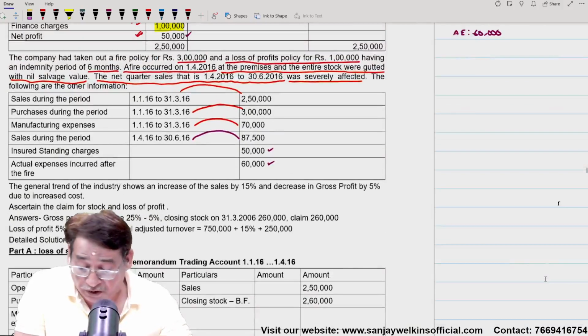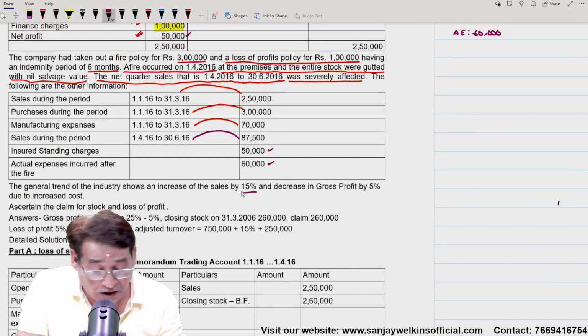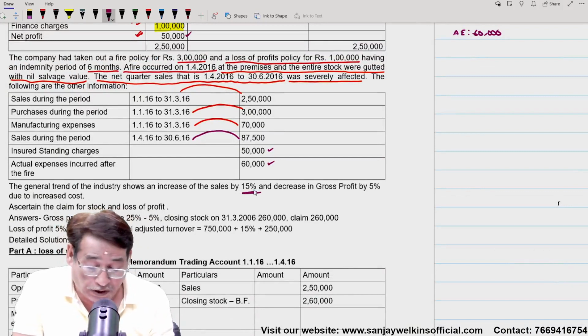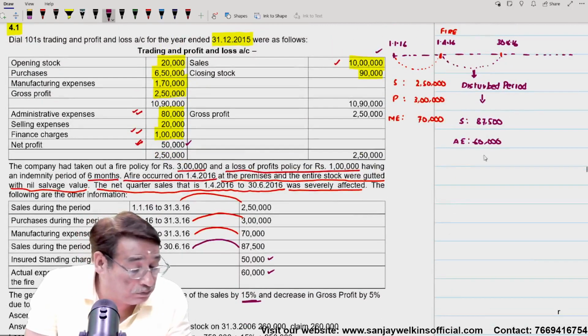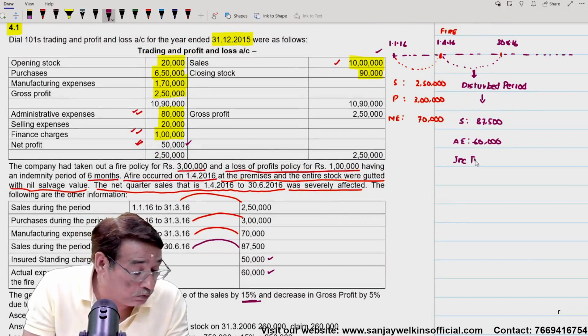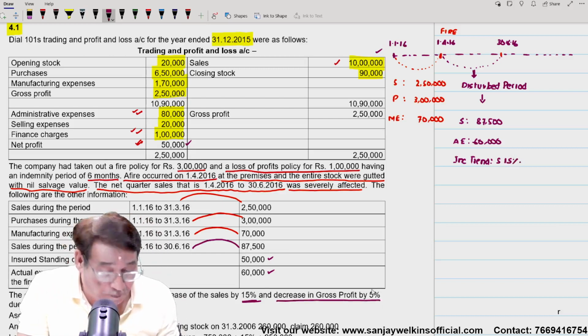Then we are given that the general trend of the industry shows an increase in sales by 15%. So the increasing trend of sales is equal to 15% and a decrease in gross profit by 5%.